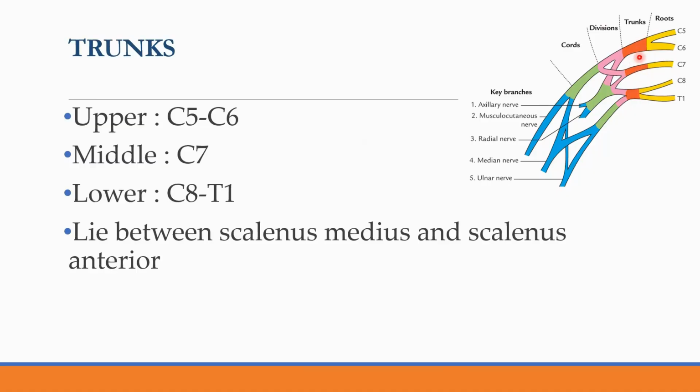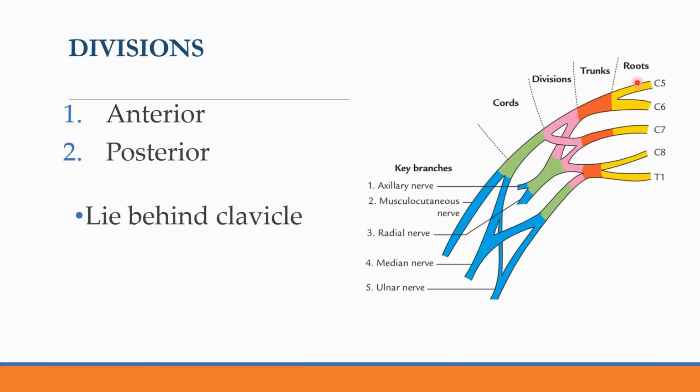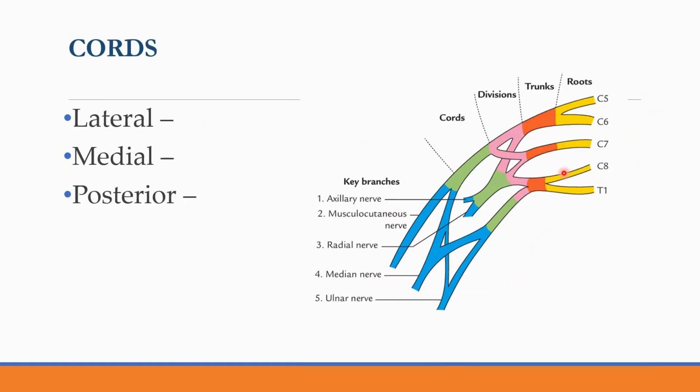So these trunks are sandwiched between 2 muscles, scalenus medius and scalenus anterior. Coming to the divisions, as we already studied, each trunk is dividing into anterior and posterior divisions. So these divisions lie behind the clavicle. Coming to the cords, we have lateral cord, posterior cord, and this is medial cord.